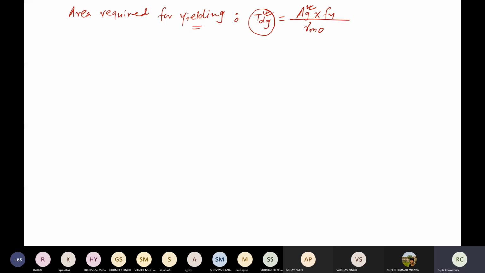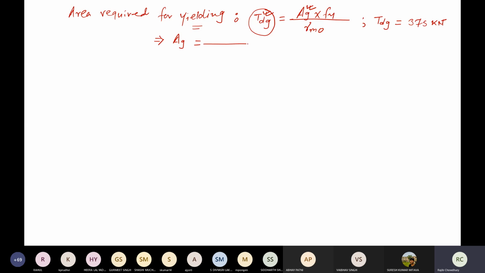Which particular strength should be used? This one to be Tdg. I can easily consider it as 375 kilonewton. If I consider 375 kilonewton, then I can easily calculate the gross area required.